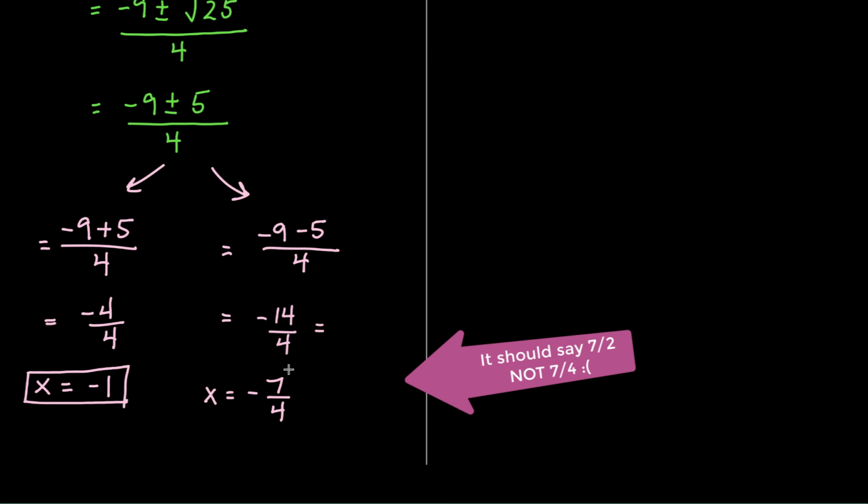We divided by 2 for the numerator and denominator. x equals negative 7 over 4. As a decimal, 4 goes into 7 one time with 3 left over, so negative 1.75.